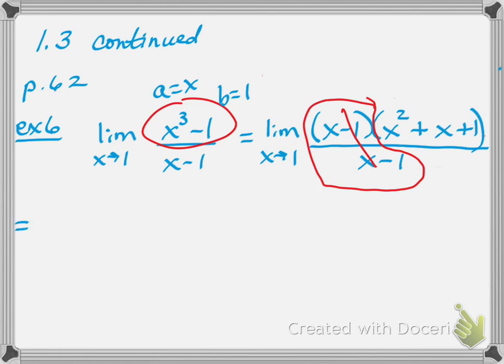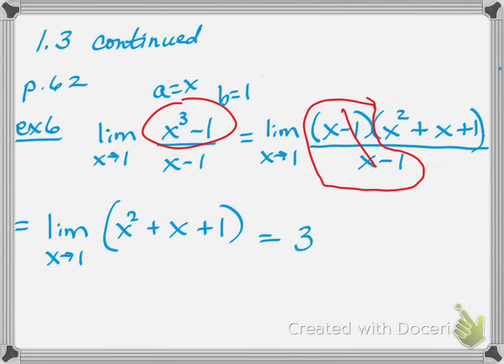So now this simplifies to the limit as x approaches 1 of x squared plus x plus 1 in parentheses. And now you can do direct substitution. You can plug in that 1. 1 squared is 1 plus 1 plus 1 is 3.